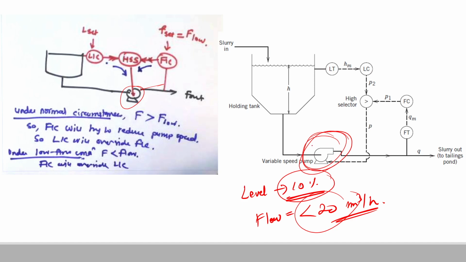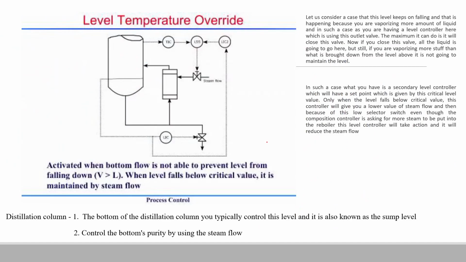And once it reaches beyond this 10%, or the flow decreases, then we will switch off this control. That is, at that point we won't be controlling the level of the tank. We will be controlling the flow rate. So in order to control the flow rate, we will just decrease the pump speed. That is, we are overriding this level control in order to control the flow rate through the pump. So that is where we use this term override control.